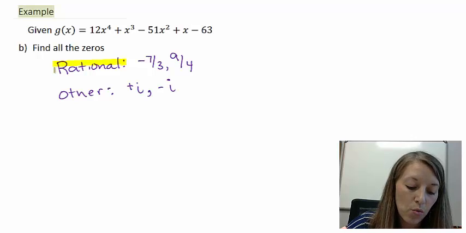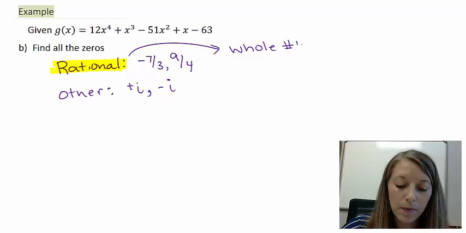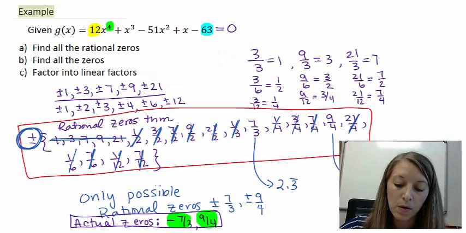Anytime it asks for rational zeros, those are zeros that are either going to be whole numbers or fractions. And those are ones that will show up in the rational zeros theorem. When we write out the list of possibilities, like here in the red box, those are the only ones that are going to show up to be rational ones.